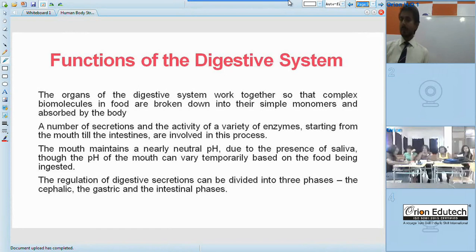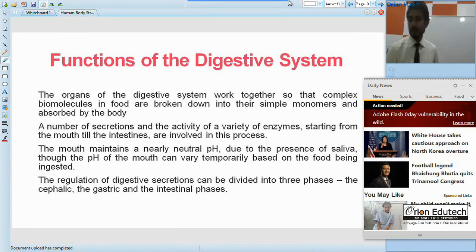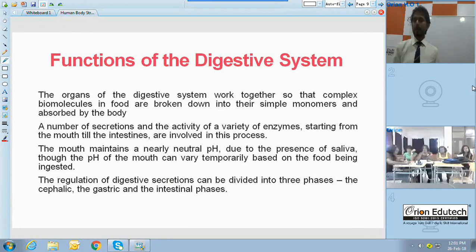The main function of the digestive system is to work together in the process of digestion and break down the food items which we take on a daily basis in our diet.